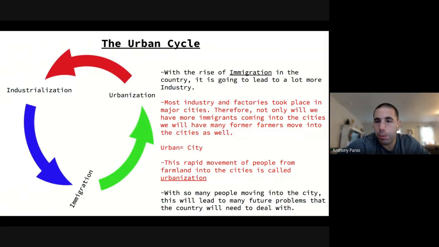Okay, so as you're copying this down, please just notice this cycle here.